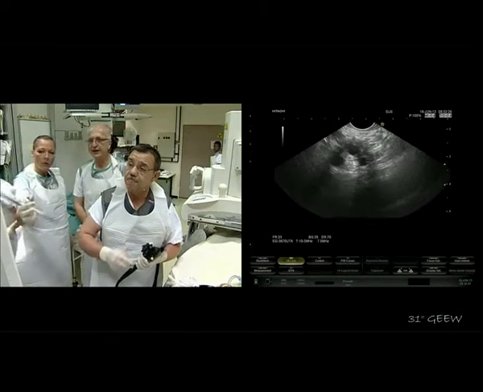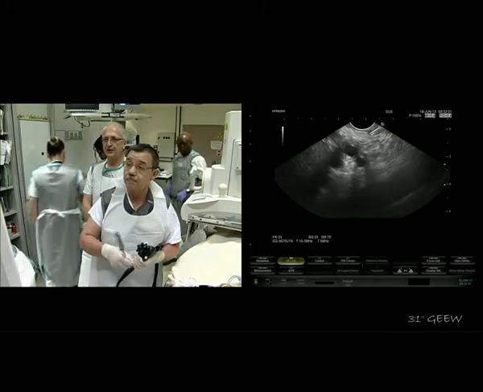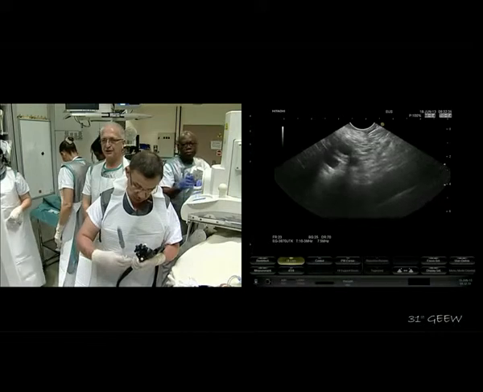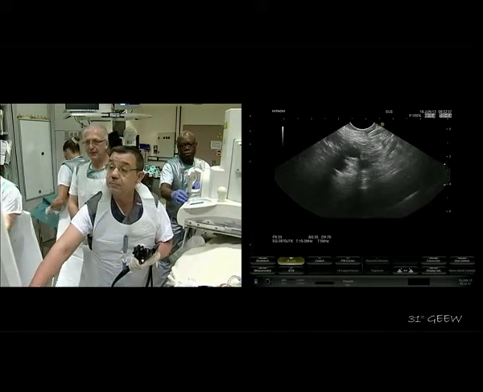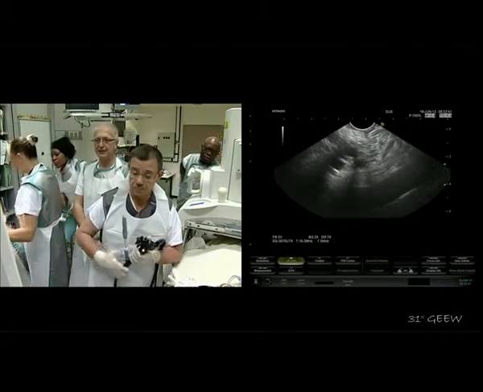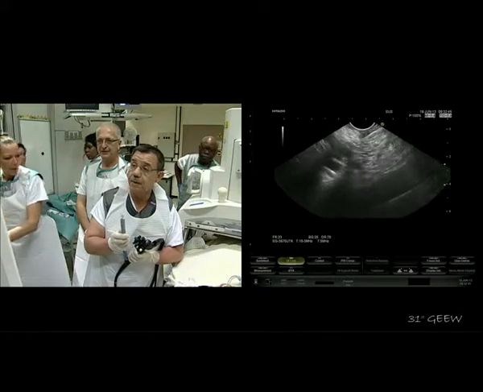Usually what we do, Marc, when we do a pancreatico-gastrostomy, we place first a small stent for 1 month, and then when the fistula has been created, we go back in and we replace it by 1 or 2 stents side by side, because I do the same.